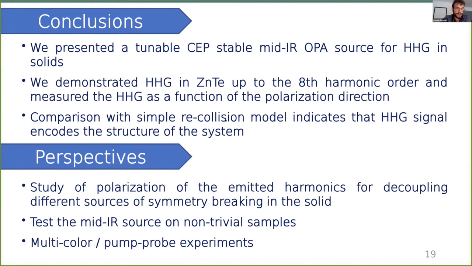We showed then that this simple recollision model borrowed from the three-step picture indicates that the HHG signal encodes the structure of the system probed. Obviously, we would like to go beyond this. One of our goals for which we are currently working is to study the polarization properties of the emitted harmonics. And this is essential if we want to decouple the different sources of symmetry breaking in the solid.